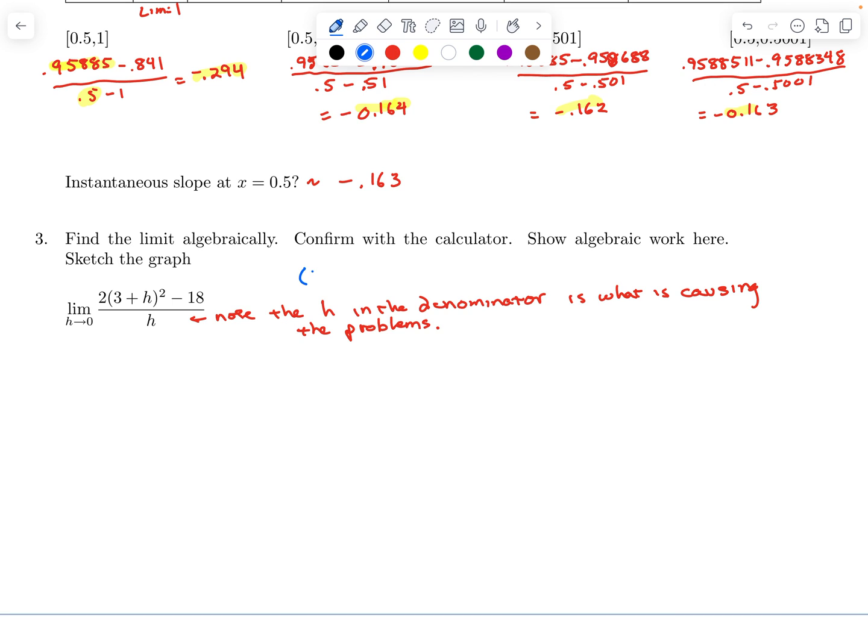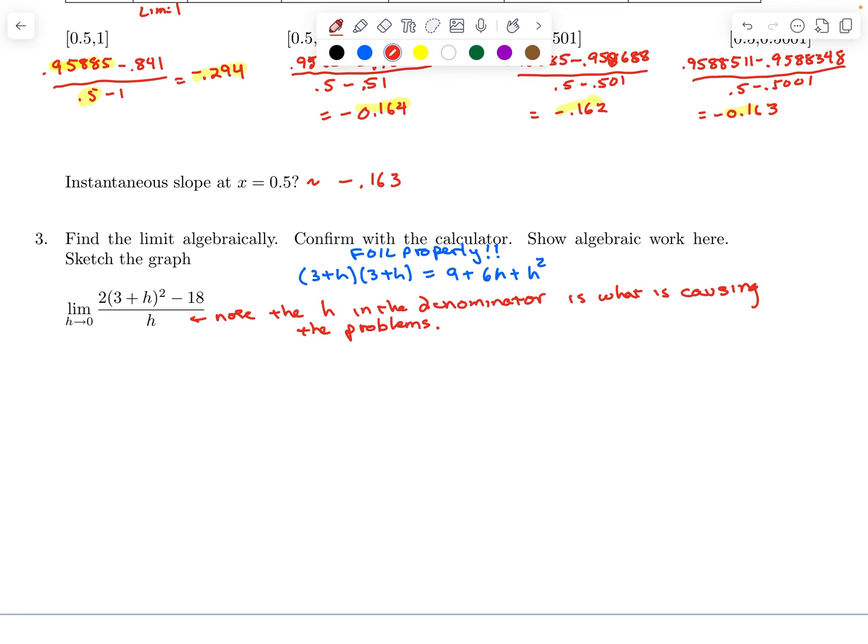Also notice that 3 plus h, when you square it, FOIL properly, 9 plus 3h and 3h is 6h.